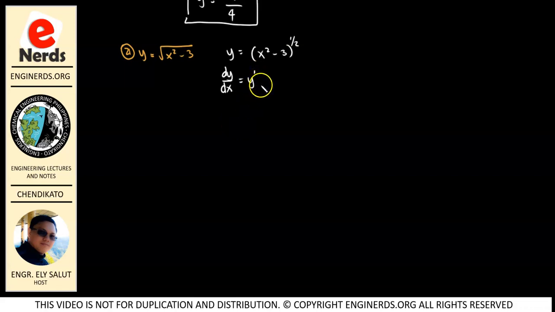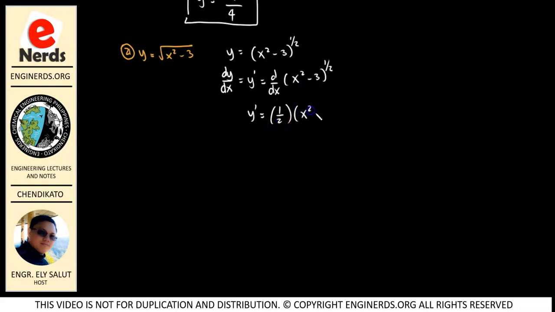And this is equal to d over dx of (x squared minus 3) to the 1/2. So y prime is equal to the derivative of (x squared minus 3) to the 1/2. So we'll take down the exponent.